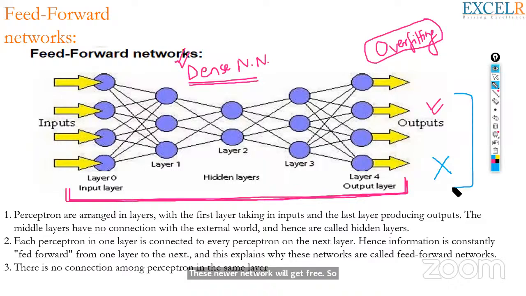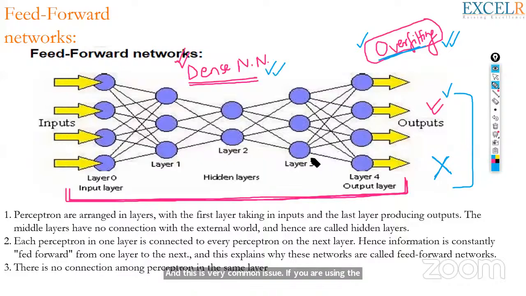So this problem is called the problem of overfitting. That means while building this model, your model is performing very well, but when you are testing this model, your model will fail. This is a very common issue if you are using the dense neural network.